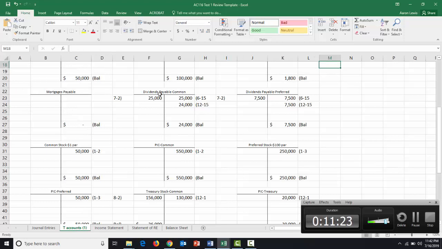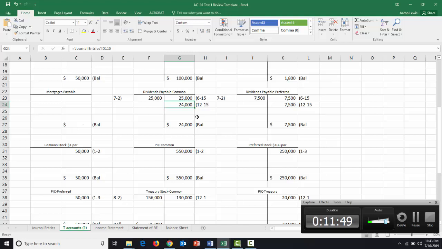Each time we declared dividends, we credited a liability, dividends payable. We don't want the balance. We don't want the $24,000 balance. We want to know how much we declared in dividends to our common shareholders during the period. Well, as we can see here, we declared $25,000 on 6/15, and we declared another $24,000 on 12/15. That's both of our declarations.